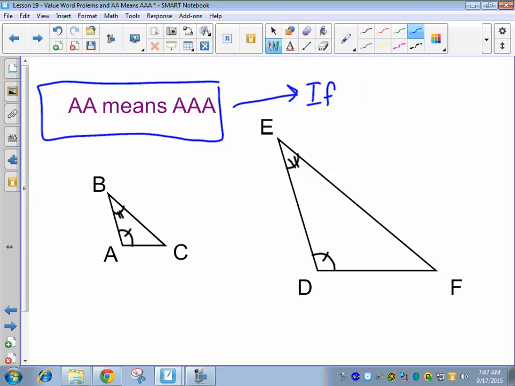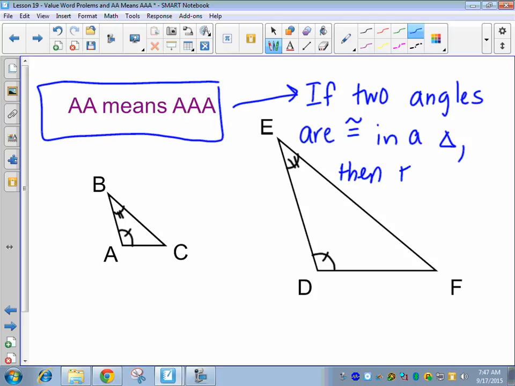If two angles are congruent in a triangle, then the third angle is also congruent.